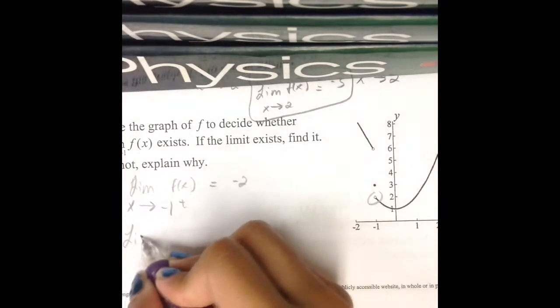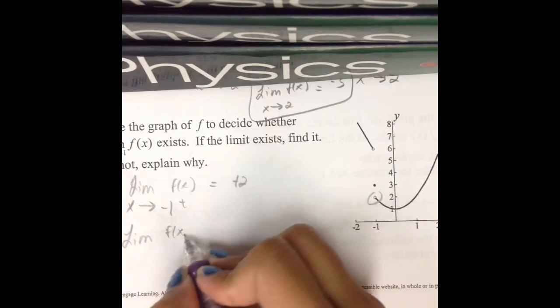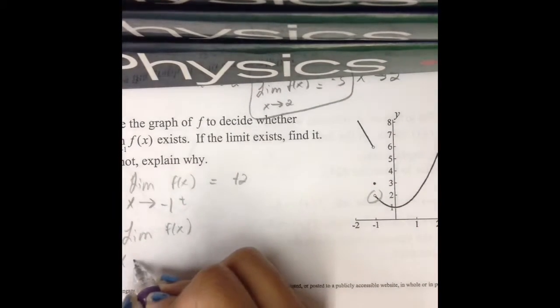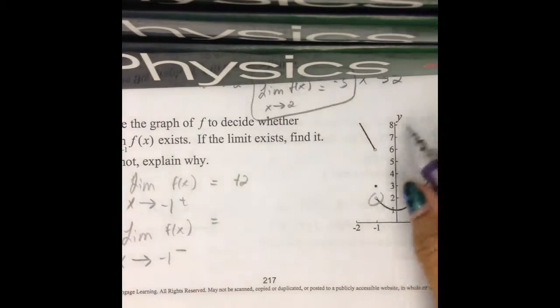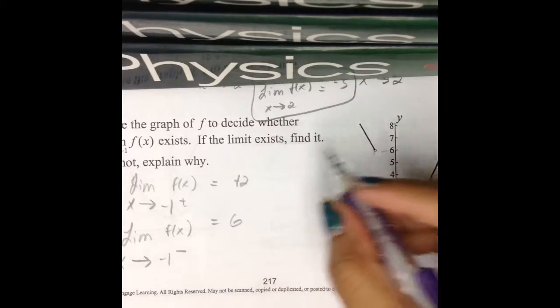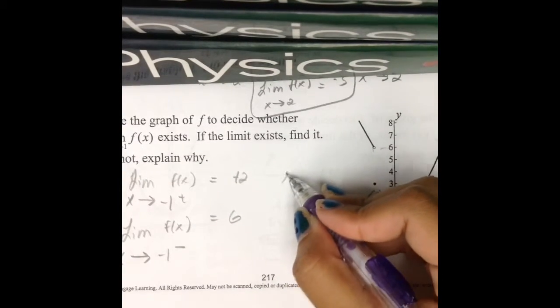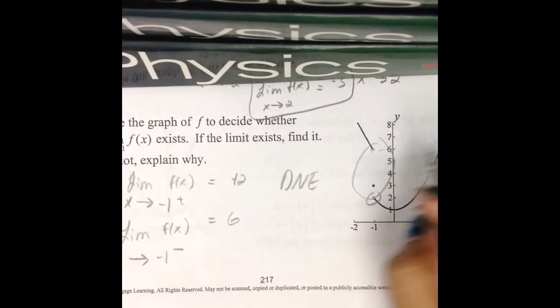But the limit of f of x as x goes towards negative 1 from the left side is 6. So therefore our limit does not exist because there is a jump in the function.